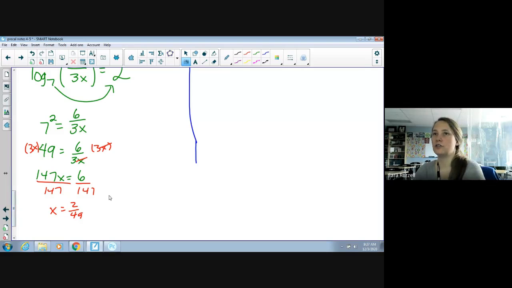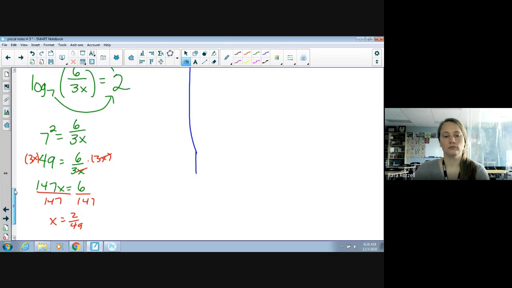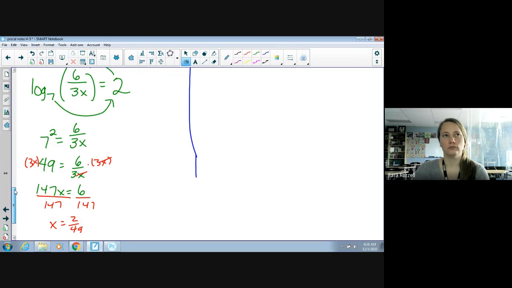Which simplifies to 2 over 49, or you can say the decimal, that's also fine. Okay. So when it's a minus, it translates to divide.